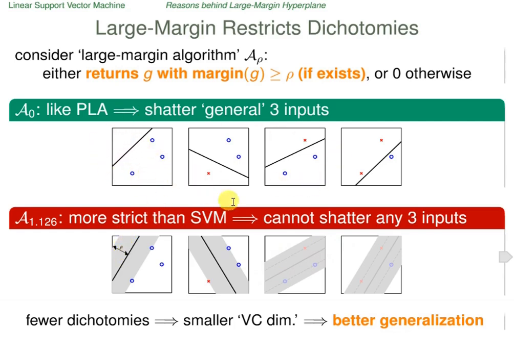If we compare the PLA that can shatter 3 points in general, the PLA with the maximum margin will be more restricted and will not be able to shatter any 3 points.